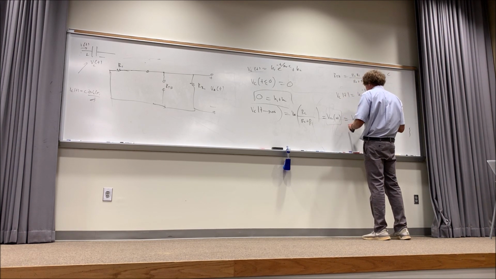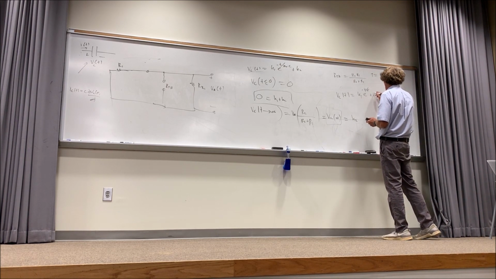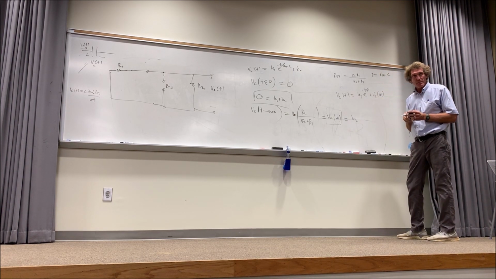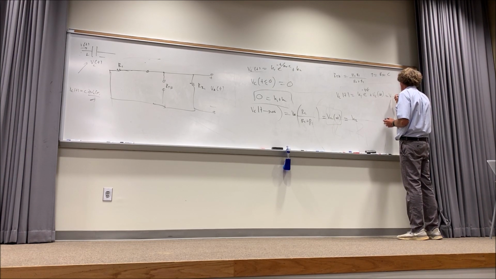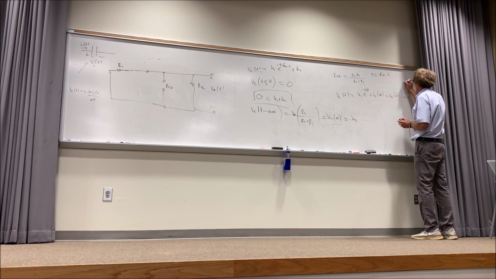Now, I know K2 is VC at t equal infinity, and I know K1 is minus that, correct, class? So I can write VC at infinity times 1 minus e to the minus t over tau. And that tau is right here.